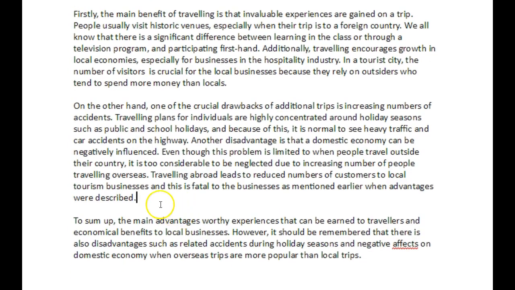But this is why I would usually stick to one idea per paragraph. This allows you to introduce the idea, to expand it fully, to explain it, to support it with an example, and then to explain how it relates back to the question.